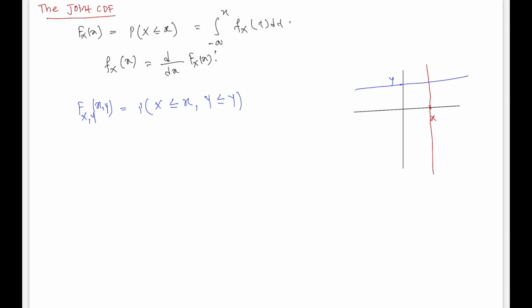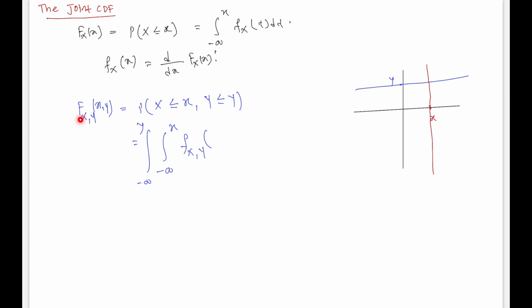How can we do that? For the integral, x will go from minus infinity to this point, little x, and for y, the integral will go from minus infinity to this point, little y, and we will be integrating this joint PDF. Let me use different variables here. Why are we not using x and y again?